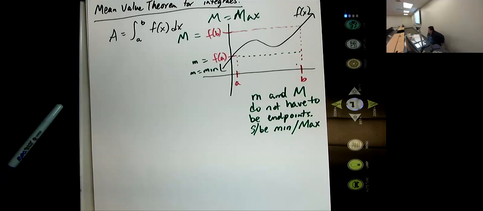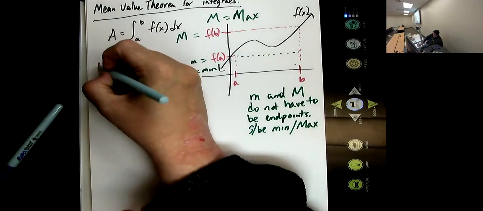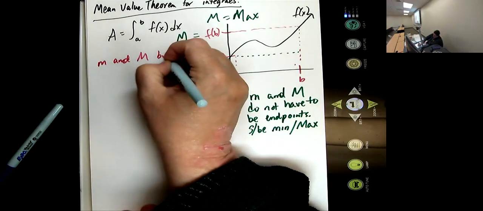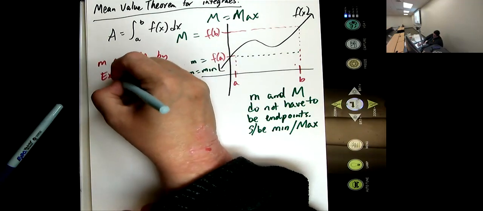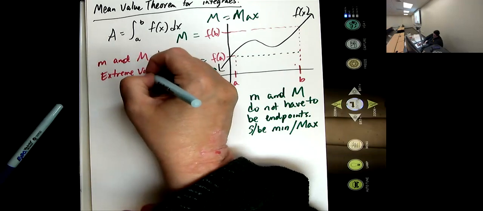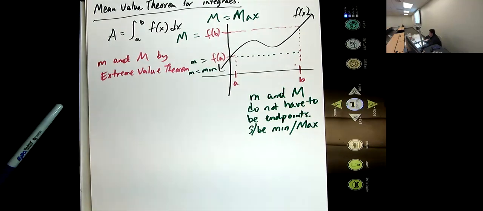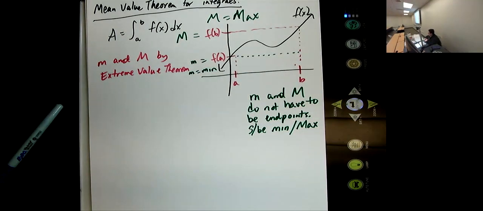We know these two exist by the extreme value theorem. m and M exist by the extreme value theorem. Finding those extrema, we did that a few chapters ago.